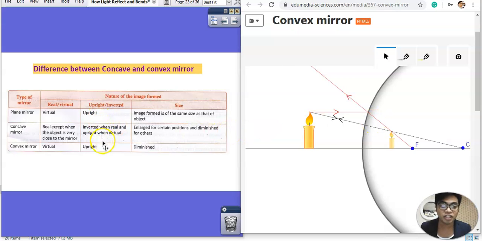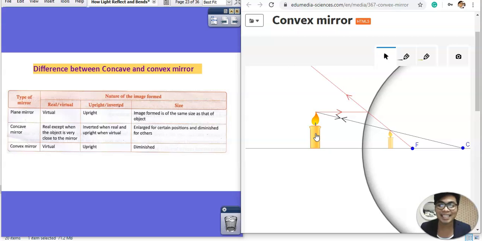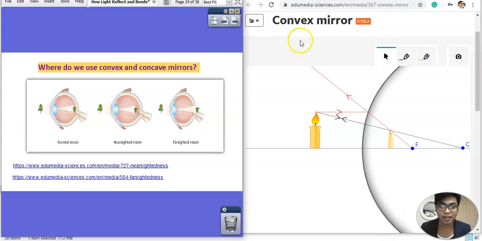Look also at the position of the image that is formed. Is it upright or is it inverted? Inverted in concave, upright in convex, and the size also is different between concave and convex. For the convex, it tends to be diminished, the size, if I put it really farther away, but it's reduced. But for the concave mirror, it tends only to be enlarged. Okay, so what is now the real life application of this?